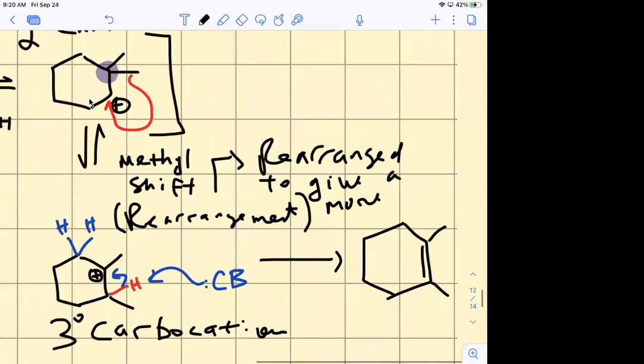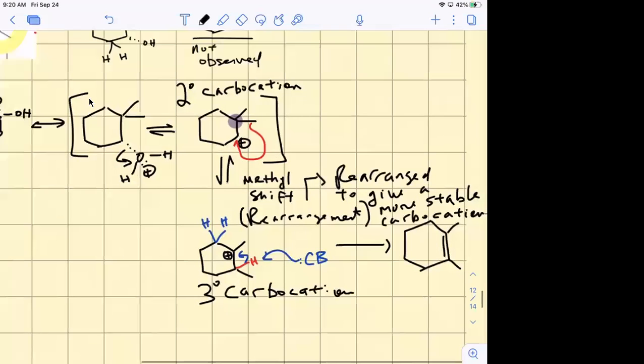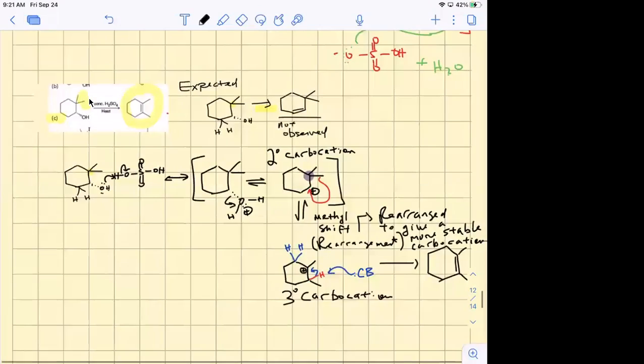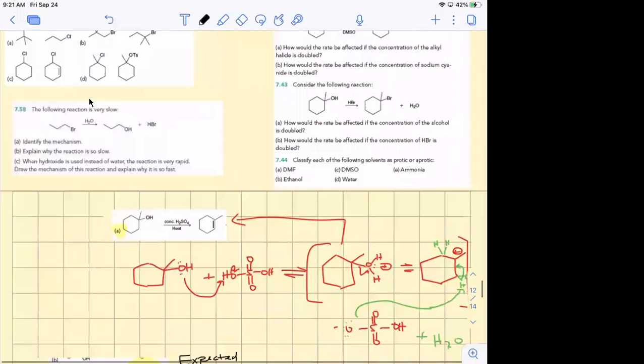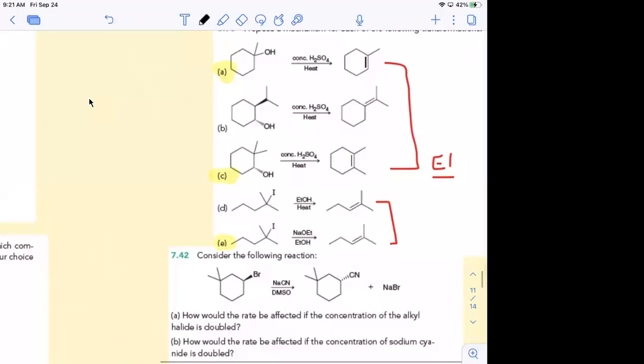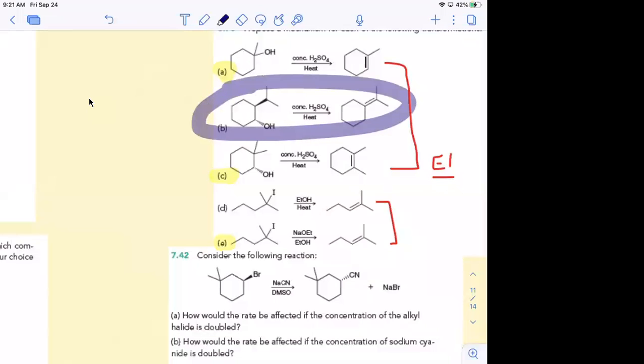Here. So that rearrangement happened to give you a more stable carbocation from a secondary to a tertiary. And then in the next example, you're going to see something similar. Well, no, never mind. In B, I want you to work B on your own. I'm going to highlight this one, because B is very similar to C.